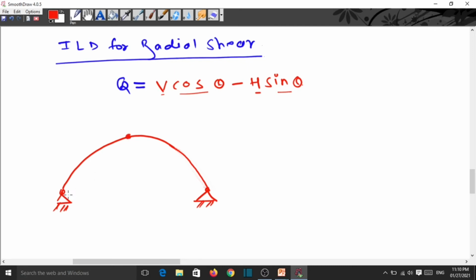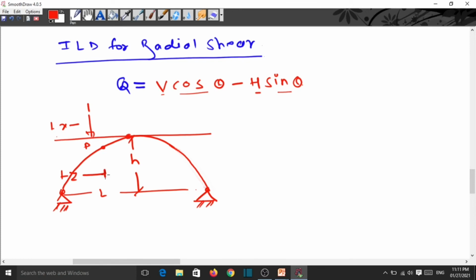This is the span L. This is the height H. For that we have to apply the unit load on this arch. This is 1. This is the X. This is the point P somewhere. This distance is again the Z.